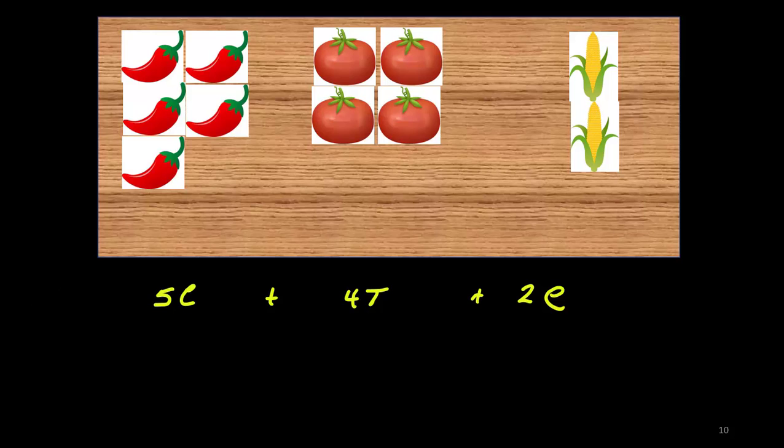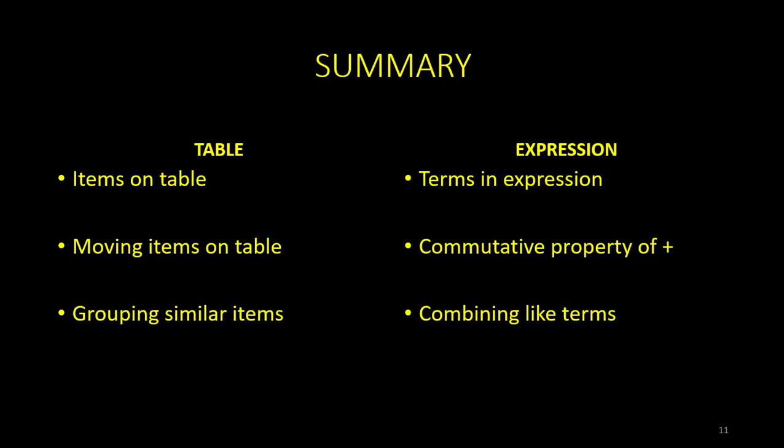Almost finished. Let's look at the summary. So we're going to compare the table and the expression. On the table we had items, the chilies, the tomatoes, and the ears of corn. And in the expression, instead of items like that, we had terms that represented the items on the table.